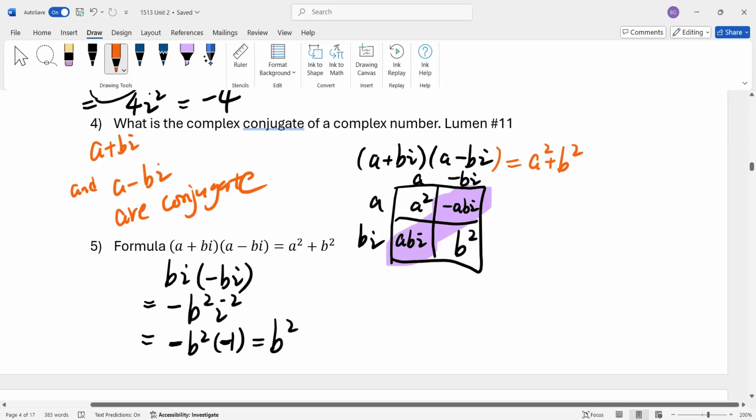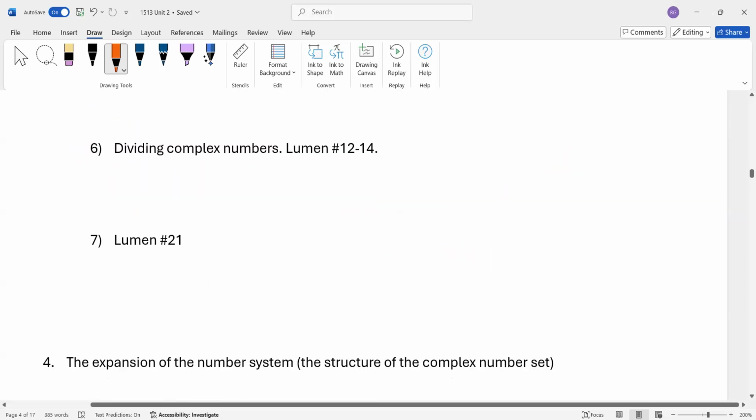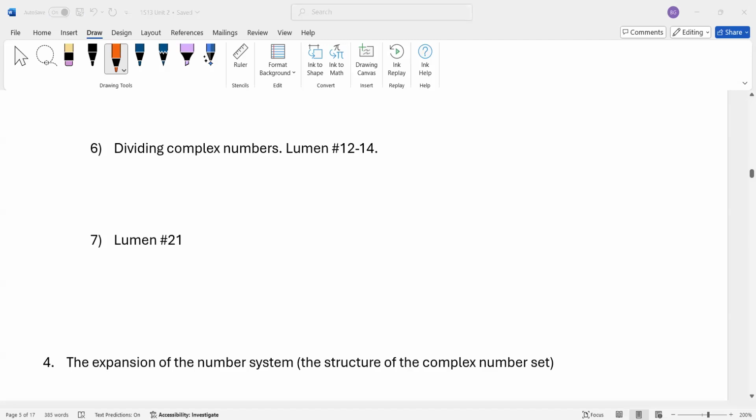An expression, if we have i in the denominator, we consider that as not simplified. So we have to get rid of i from the denominator. To do that, we use a conjugate. For example, we have 3 minutes. Let's do 14. If we don't finish, then we just continue next time.